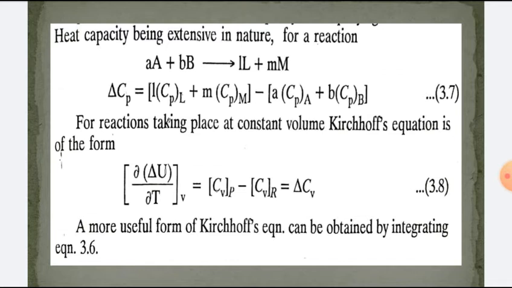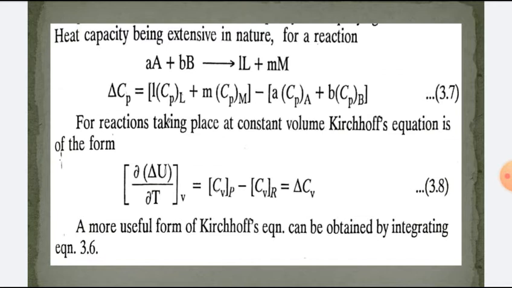For reactions taking place at constant volume, Kirchhoff's equation is of the form equation number 3.8. This equation shows the change in heat capacity at a constant volume.